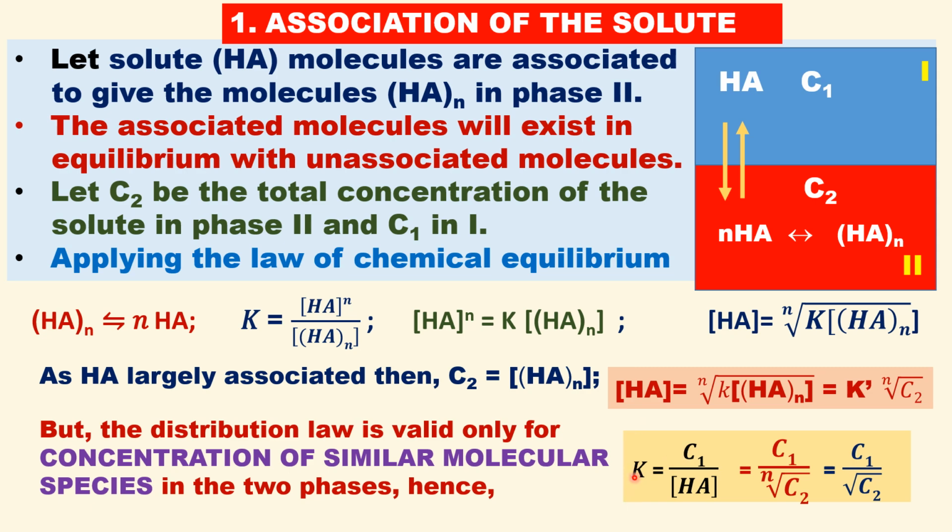Therefore K equals C1 divided by concentration of HA in phase 2. Therefore HA equals C1 divided by nth root of C2. For benzoic acid n equals 2, therefore C1 by square root of C2.